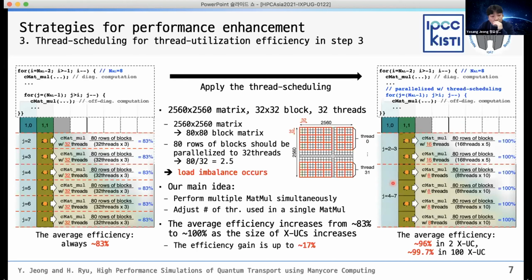Compared to this situation, it can achieve 100% thread utilization efficiency through this thread scheduling, because 80 divided by 16 or 8 is an integer. Therefore, with this thread scheduling applied, the average thread utilization efficiency of step 3 increases from about 83% to about 100% as the XUCs increase.